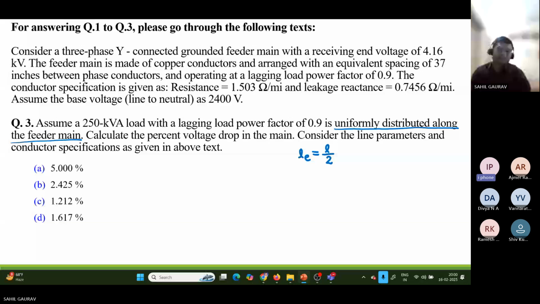Half. Yes, correct, very good. It will be half, because L effective will be L by 2. That means if the question mentions uniformly distributed, we have to take L by 2.